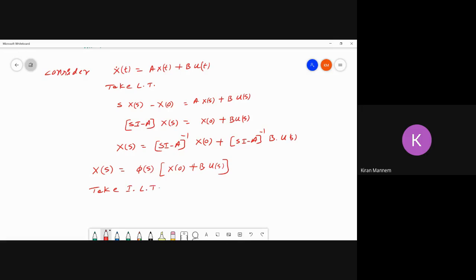Now take the inverse Laplace transformation. So what is the inverse Laplace transformation? It would be x(t) is equal to L inverse of Φ(s) into X(0) plus B into U(s).